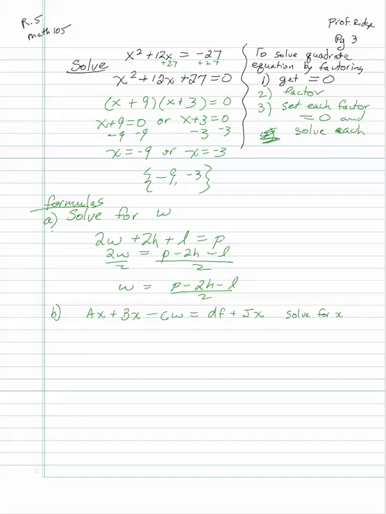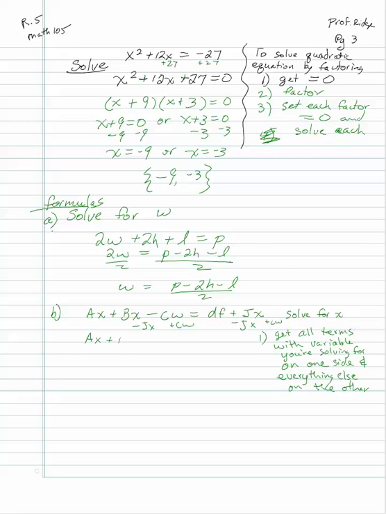If you have more than one term with the variable you're solving, your first step's get all terms of the variable we're solving for, so in this case x, on one side and everything else on the other. So I'm going to subtract the jx from both sides, and I'm going to add that cw to both sides. So I'm going to get ax plus bx minus jx equals df plus cw.